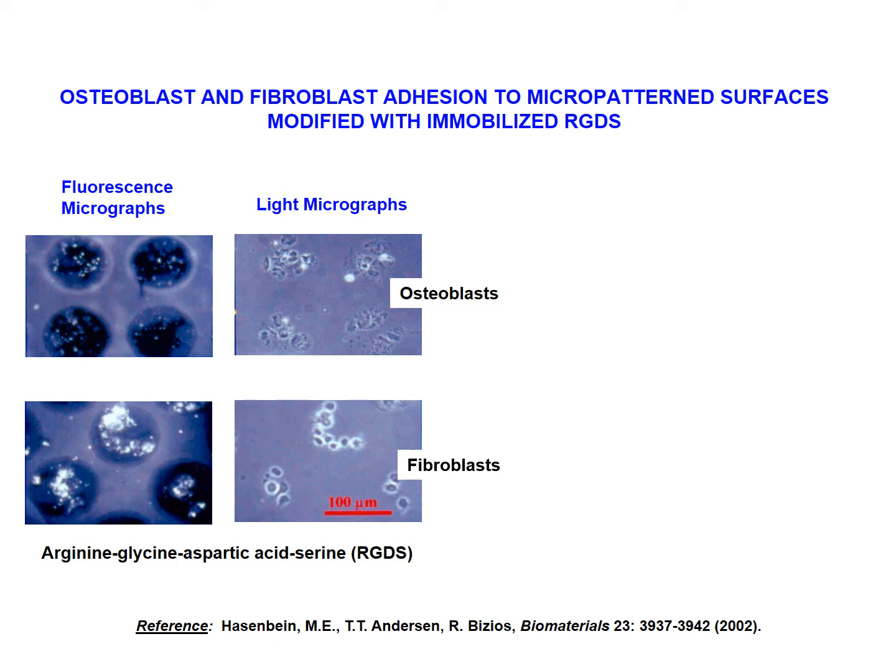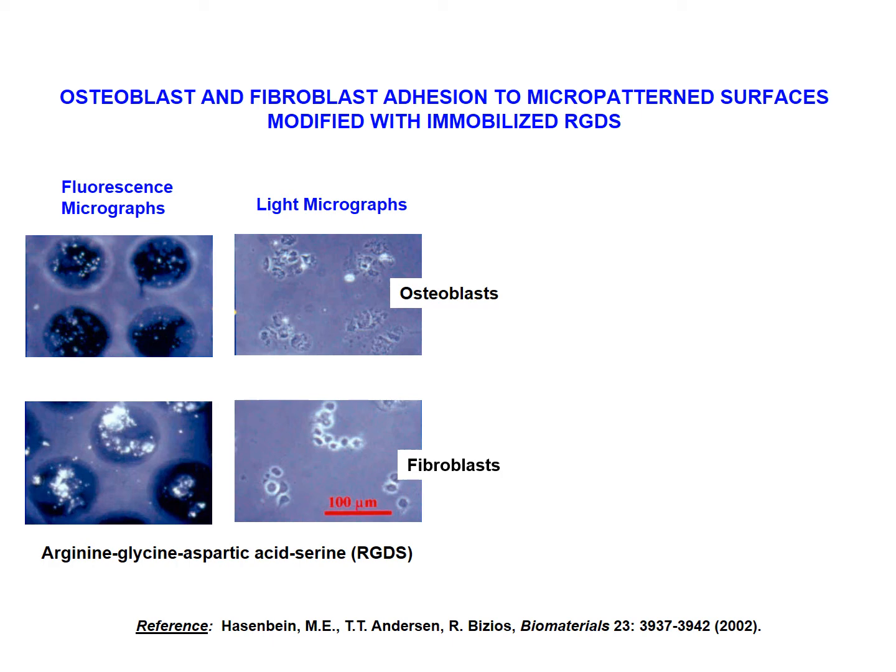The important conclusion from these experiments is that 2 types of cells, which we consider competing cells in the case of new bone forming around bone implants. We want osteoblasts to interact with the implant and form new bone in order to stabilize the implant and have a desirable outcome.